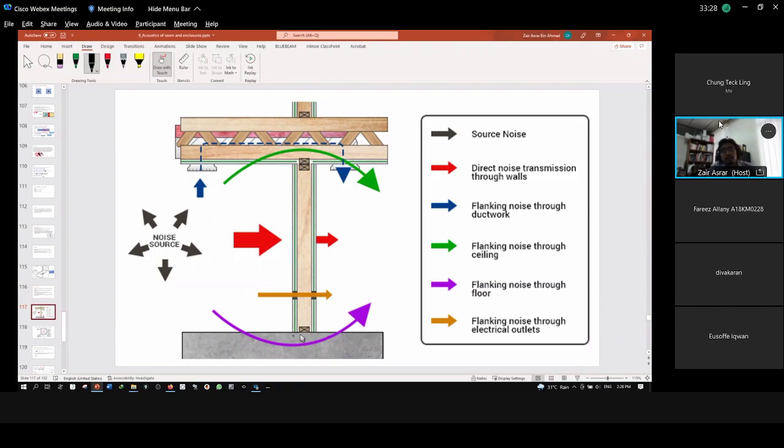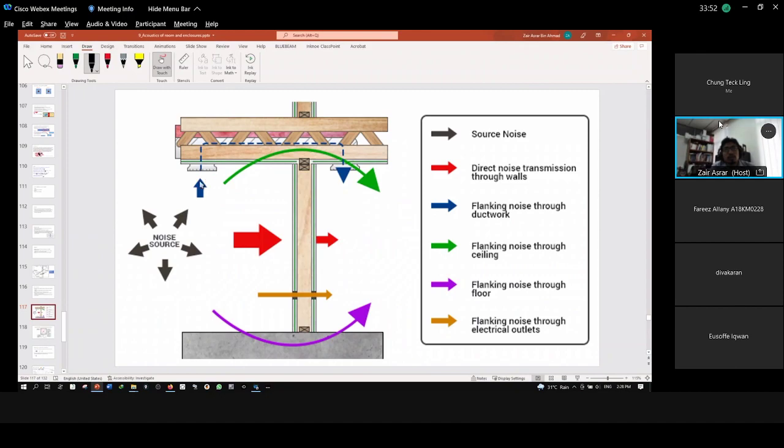So we can have something like this. This is our partition. Instead of reducing the sound through the partition, now the sound is being transmitted through holes. These holes can be for electrical plugs, electrical conduit, and so on.